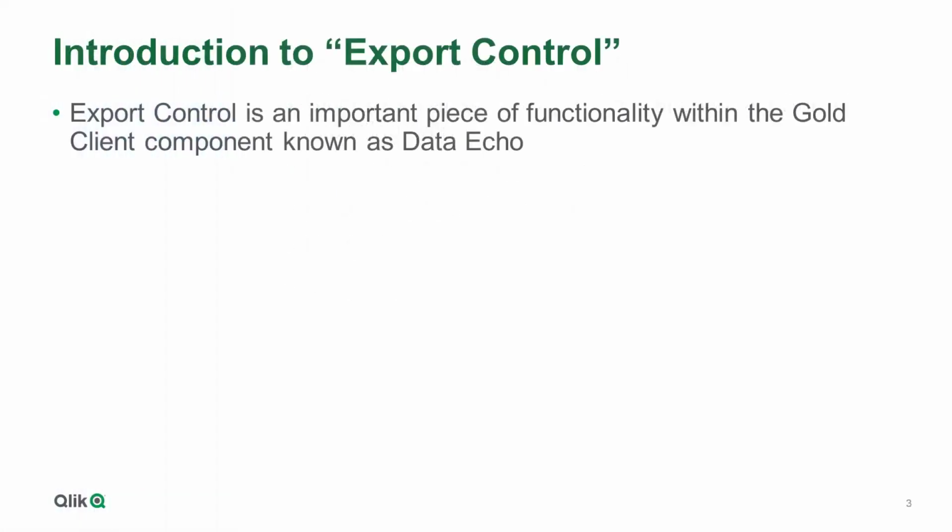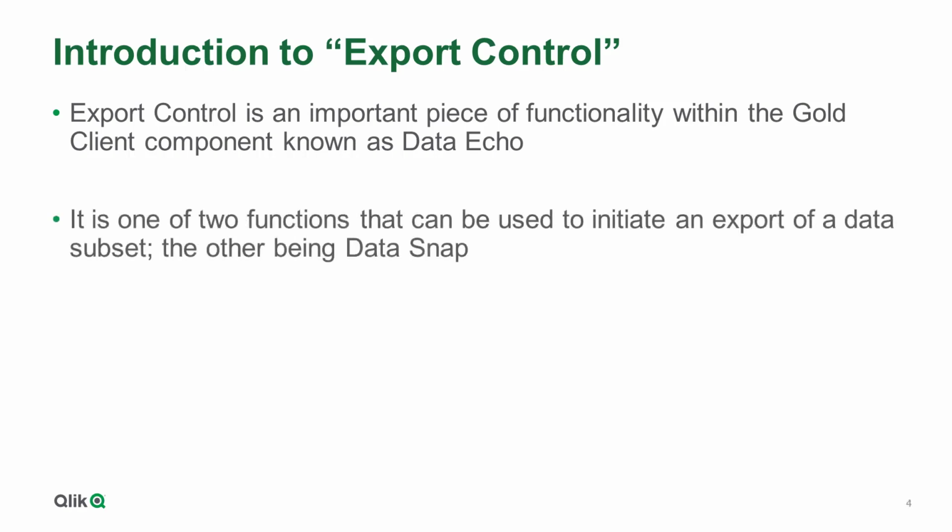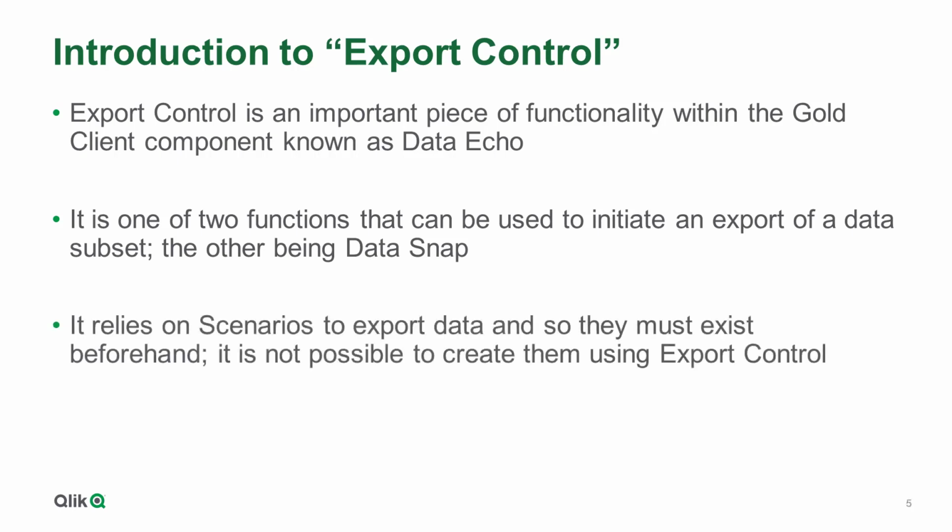Export control is an important part of the Qlik component known as data echo. It is one of two functions that can be used to initiate data exports, the other being DataSnap, which has been covered in a separate video. Export control relies on data scenarios to determine what data to export, and so they must exist beforehand, and it is not possible to create them using export control.